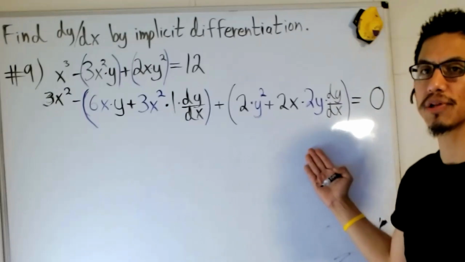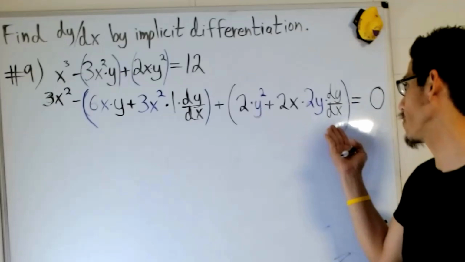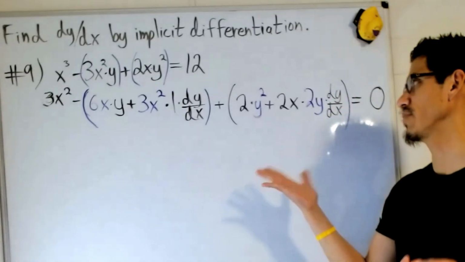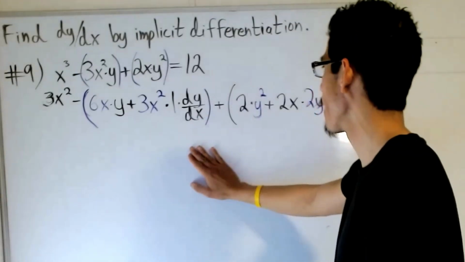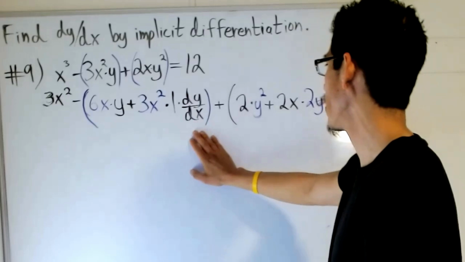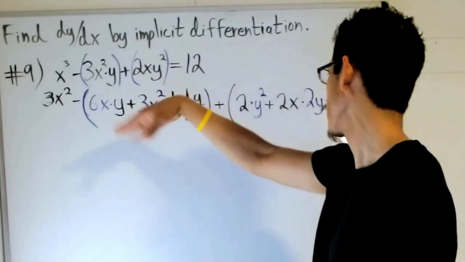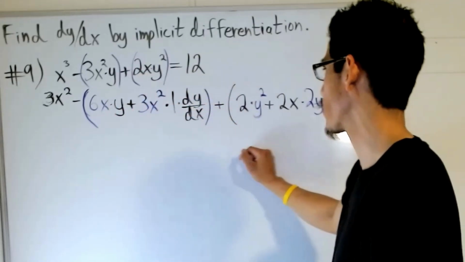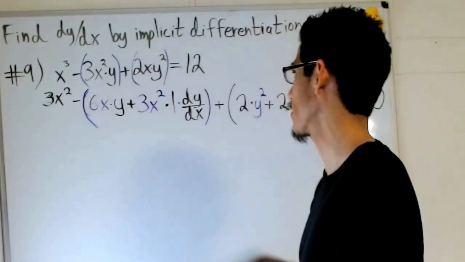And now all you really have to do is solve for dy/dx, and think of it as just a variable. Don't let the derivative notation throw you off. So let's begin by bringing all the terms with dy/dx to the front, and let's combine some things.